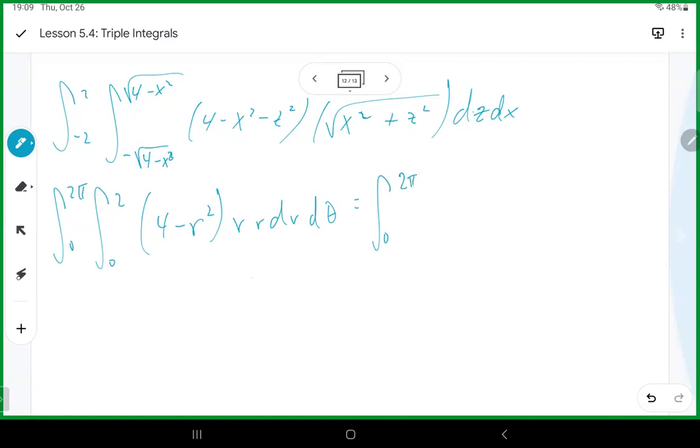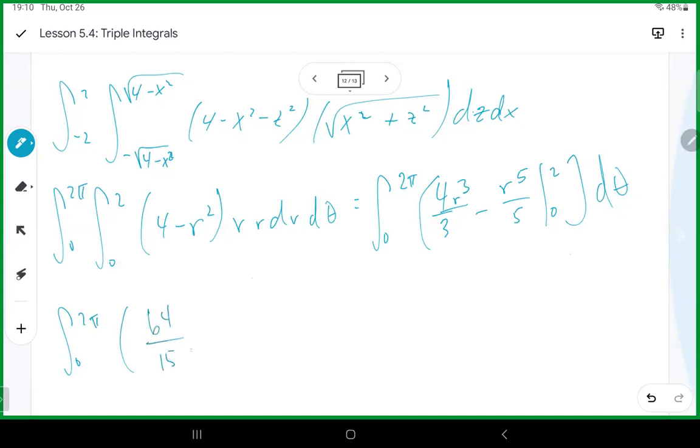0 to 2 pi, 4/3 r cubed minus r to the 5th over 5, 0 to 2, d theta, 0 to 2 pi, 64 over 15 d theta would give you 128 over 15 pi.